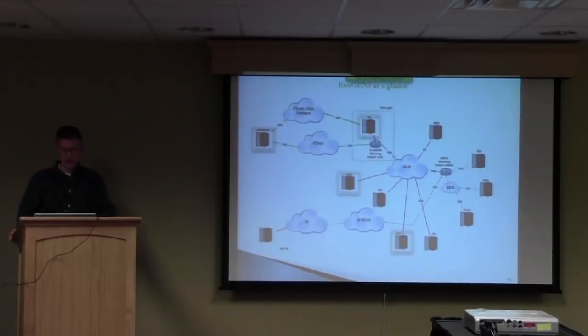5 minutes, okay. So this is an illustration, a real high-level network diagram showing the different ExoGENI rack locations, including the ones that we just ordered. So this is what our extended test bed looks like in this case.